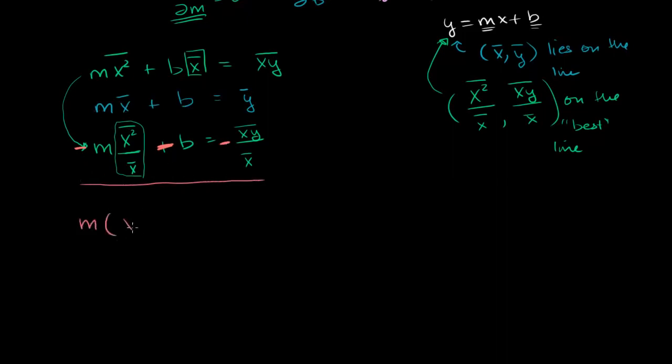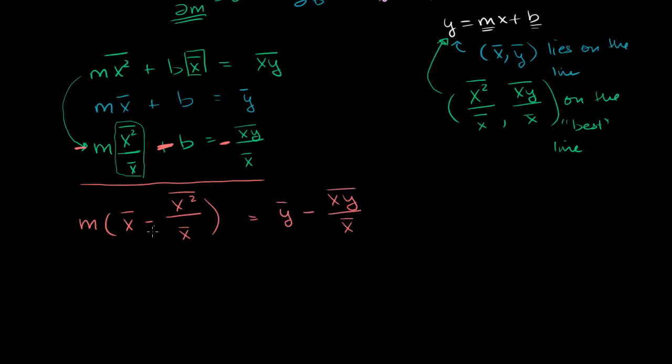times the mean of the x's minus the mean of the x squareds over the mean of the x's. The plus b and the negative b cancel out, is equal to the mean of the y's minus the mean of the xy's over the mean of the x's.